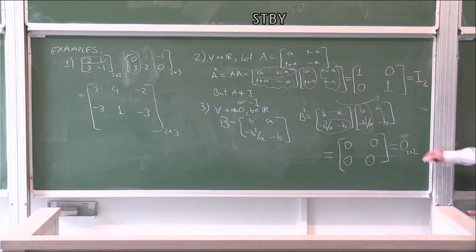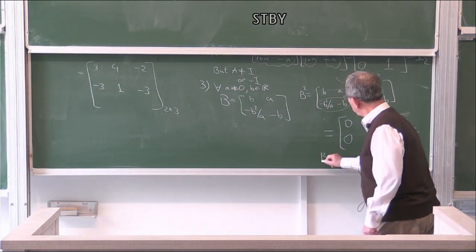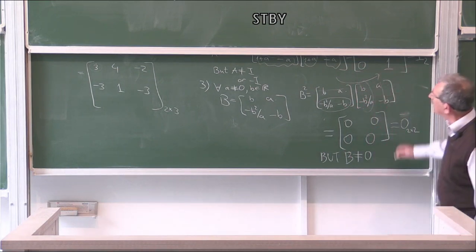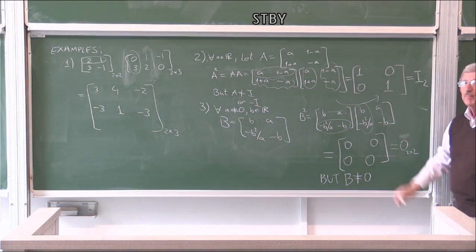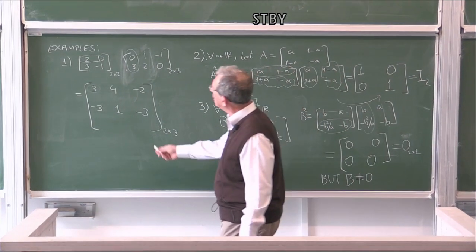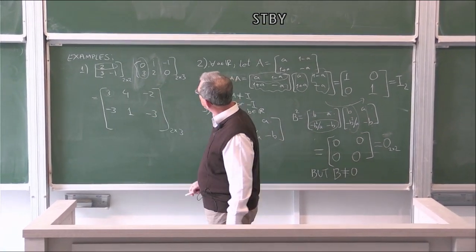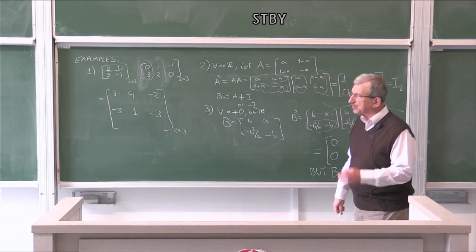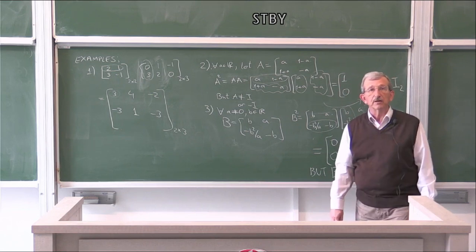But, of course, B is not 0. So this shows that in matrix product, we have many, many peculiarities. For example, it's immediate from the first example, even, that if you change places, you may have impossibility of multiplication, or you can have a completely different size.